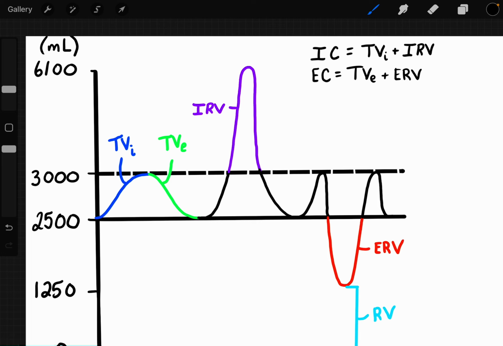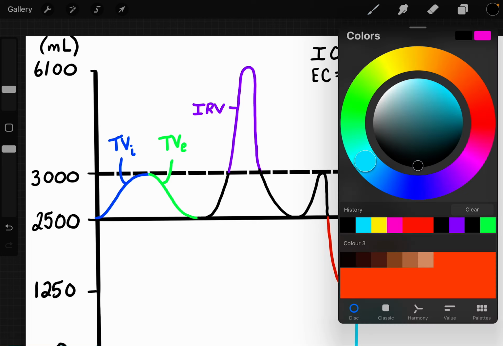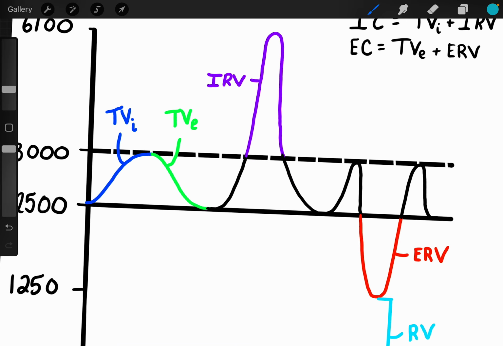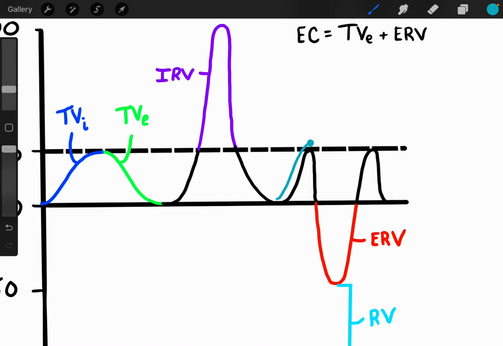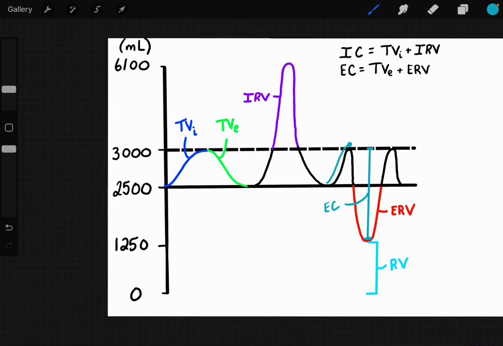So you take a normal breath in, and I'm going to chart it with this bluish color. You take a normal breath in, and then we pause right here. What we're measuring here is expiratory capacity, so that is from here down to the bottom of the red.